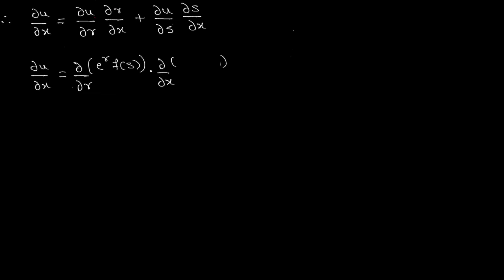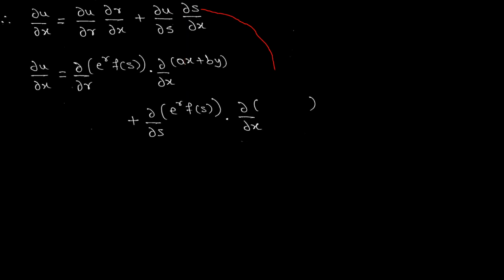U is e to the power r into f of s and r, the value of r is ax plus by. Similarly, let us write down these two derivatives now. Dou u by dou s, and the value of s we will write here.